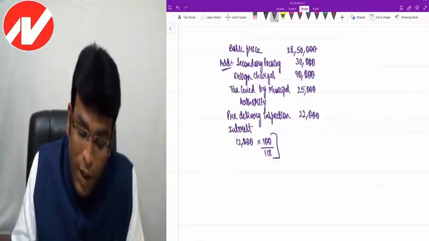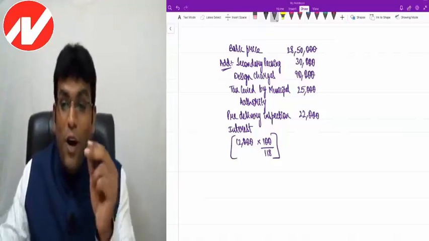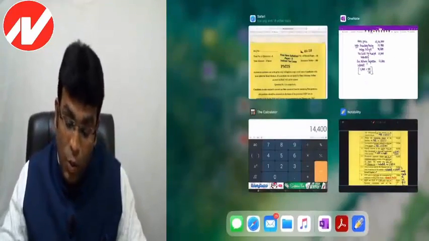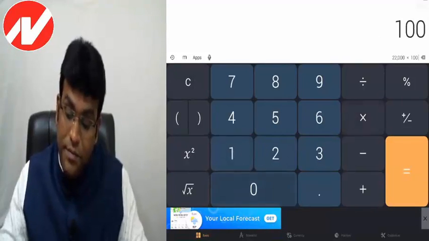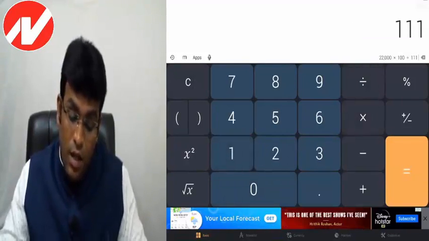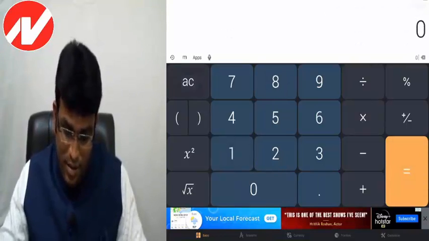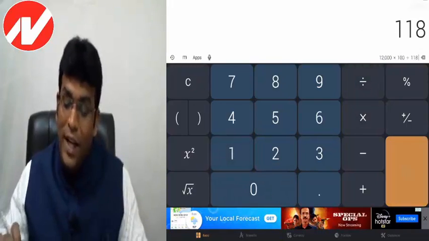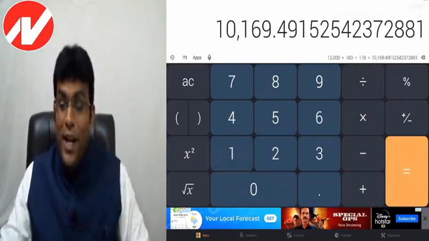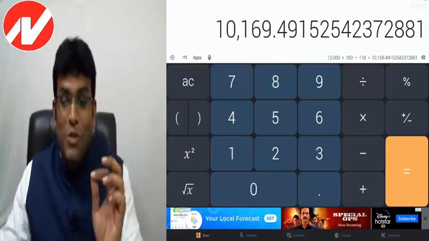The reason I do 100 by 118 is because interest figures are always deemed to be inclusive of GST. 12,000 into 100 divided by 118 comes to 10,169.49. Rounding off, the figure is 10,169.